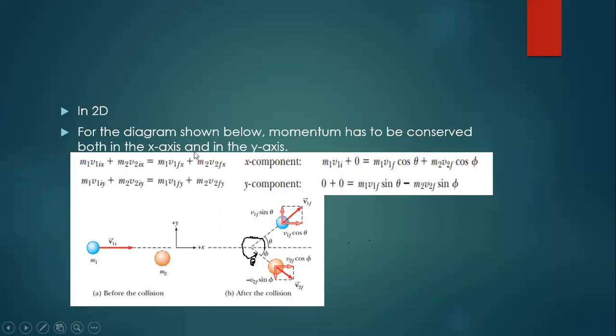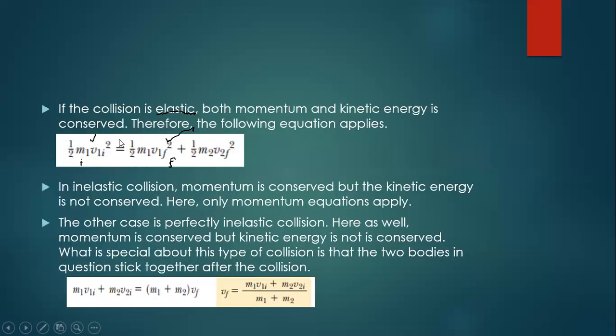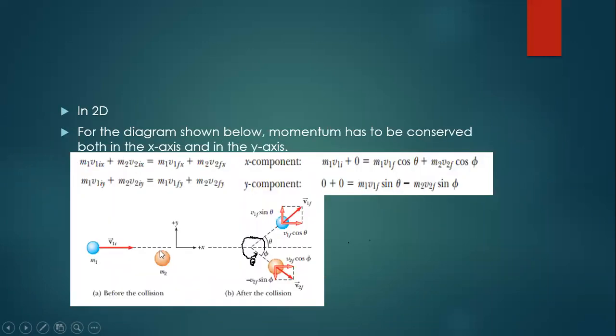We have already shown how momentum can be conserved in the x-axis and in the y-axis. And then we also are showing how kinetic energy is conserved. So kinetic energy, we have only shown for mass 1 because the other object is at rest. It will not have kinetic energy.